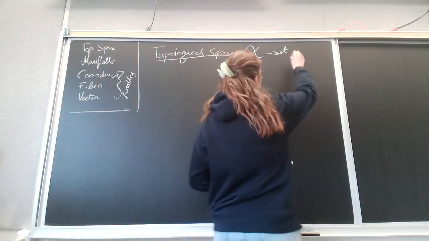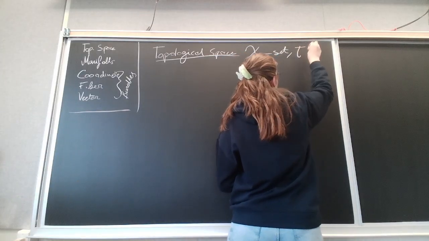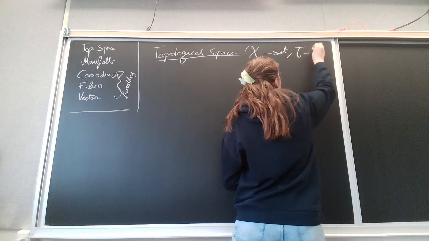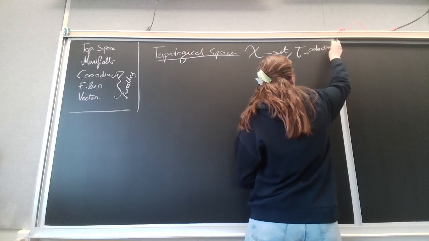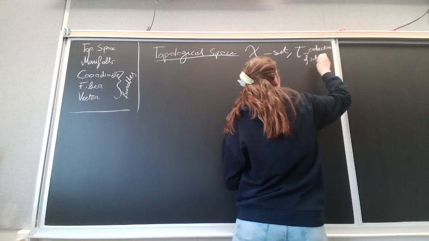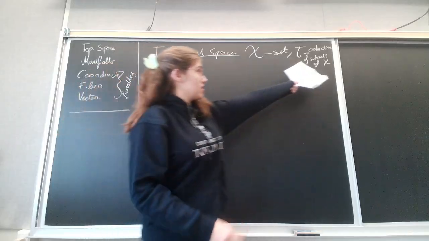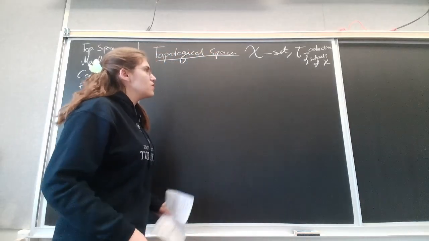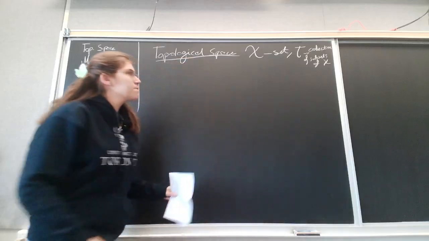So you choose some sets. So T, this is a collection of subsets of X, and you choose these. It really depends on you. This will be called the topology over X. I'll write that in a second.